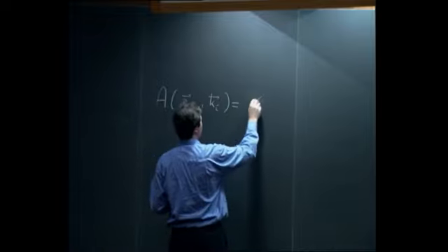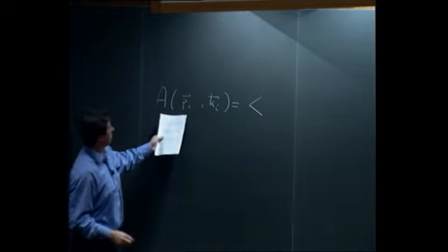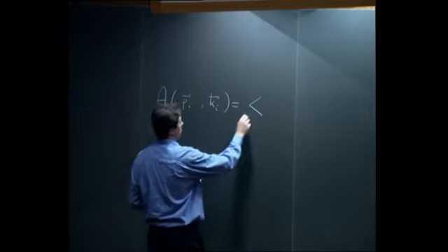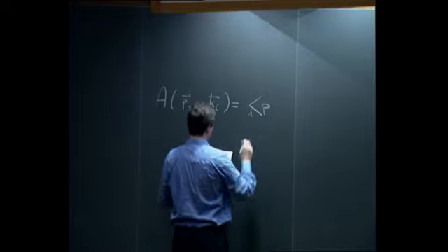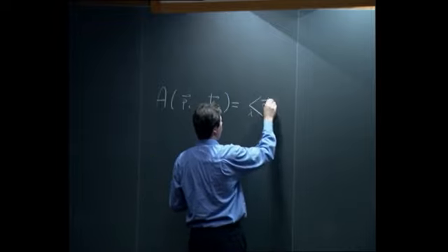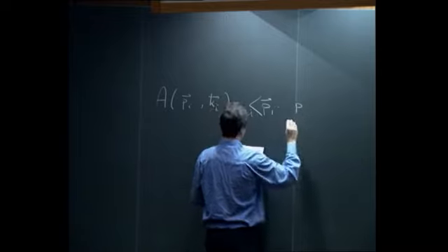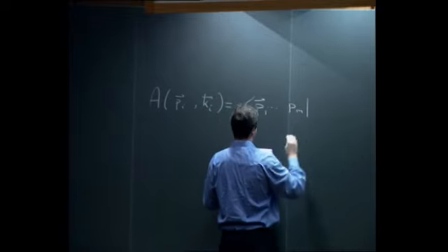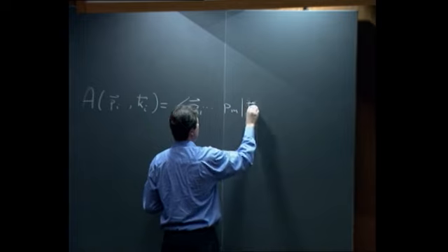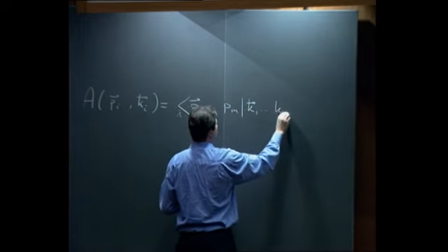Then we're interested in the amplitude, which gives you the overlap between the initial states p_1 up to p_m, and final states k_1 up to k_m.